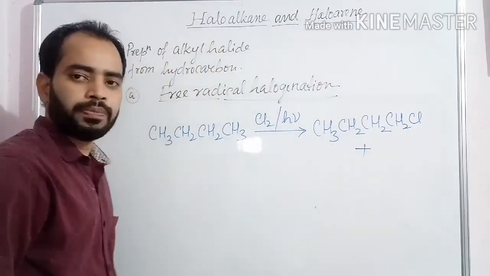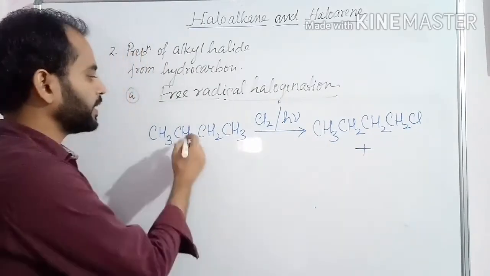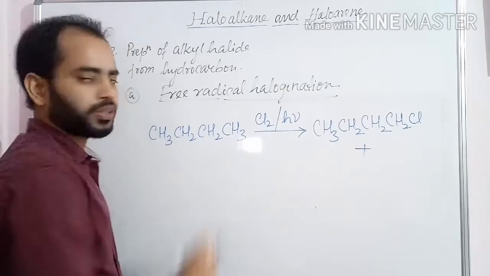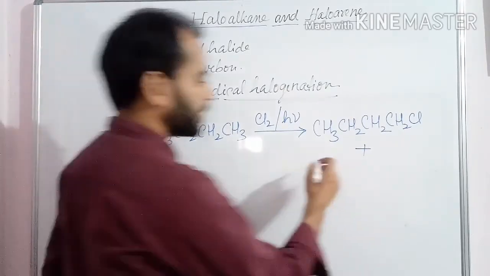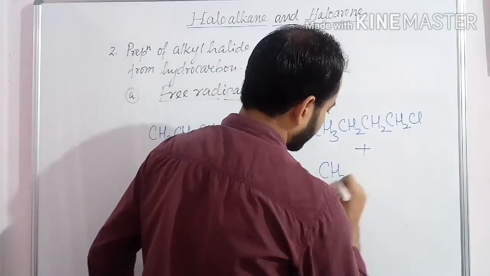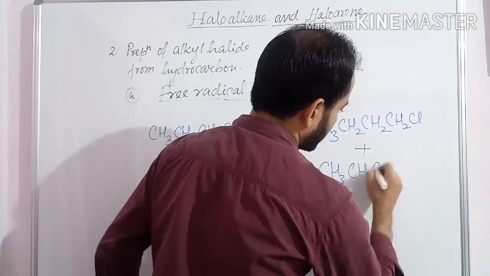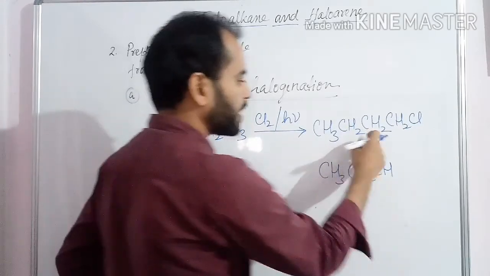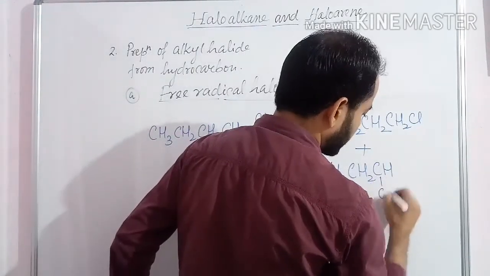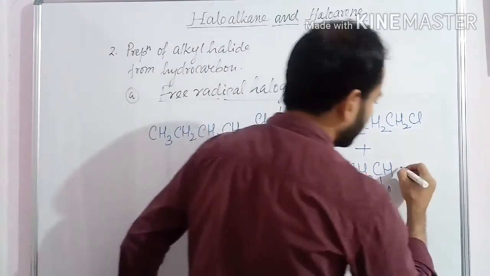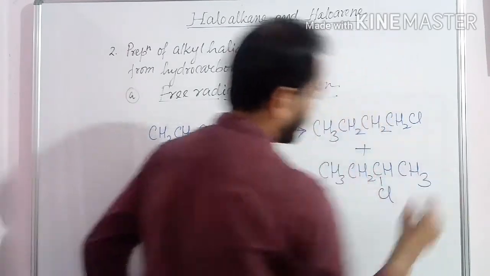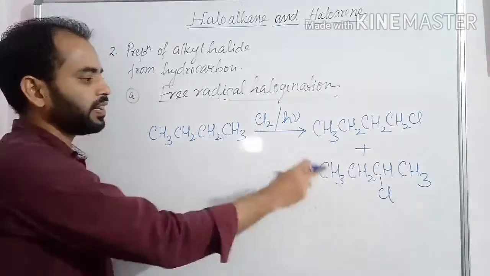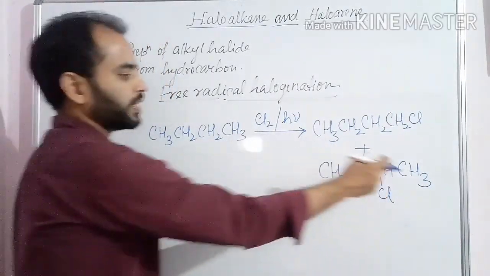Also we may get another product: if one hydrogen from this carbon is replaced by Cl, then we get CH3, CH2, CHCl, CH3.